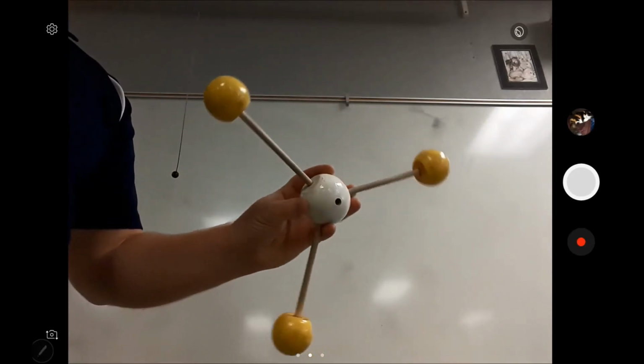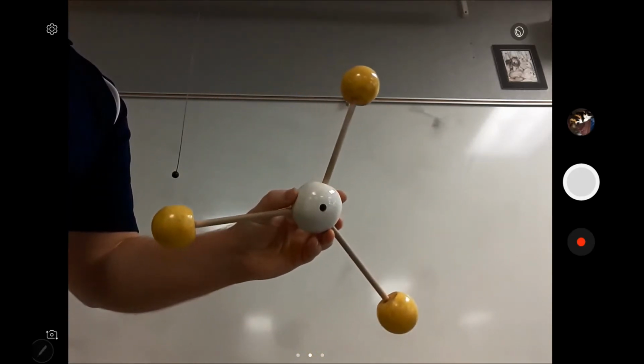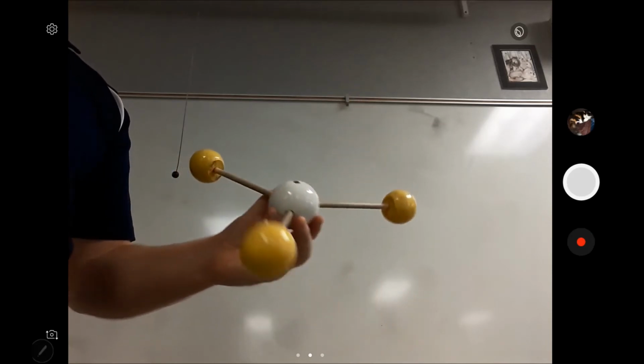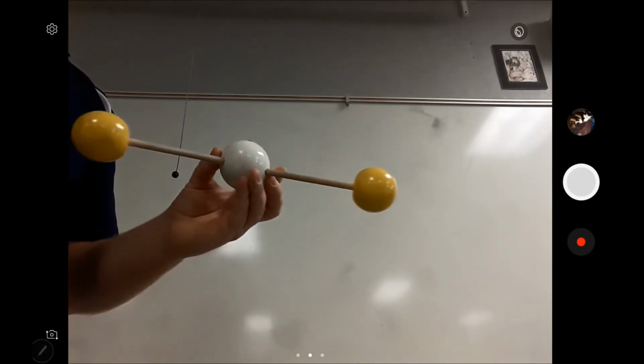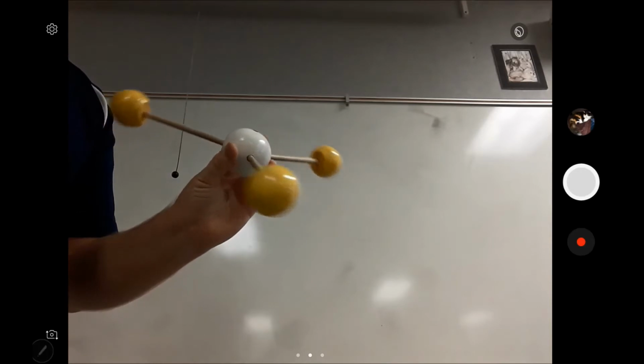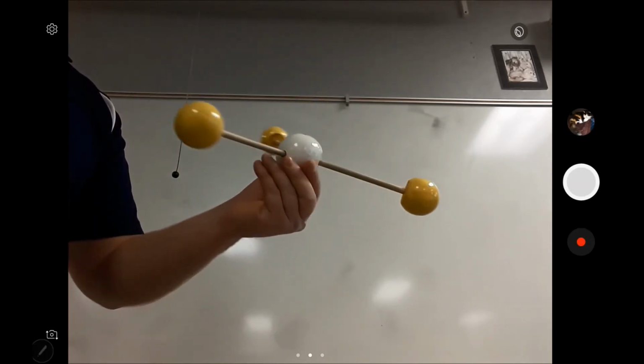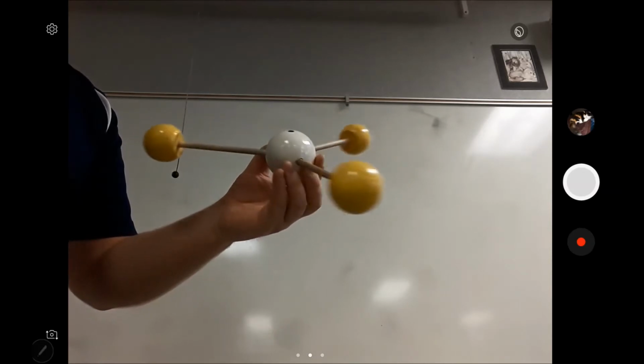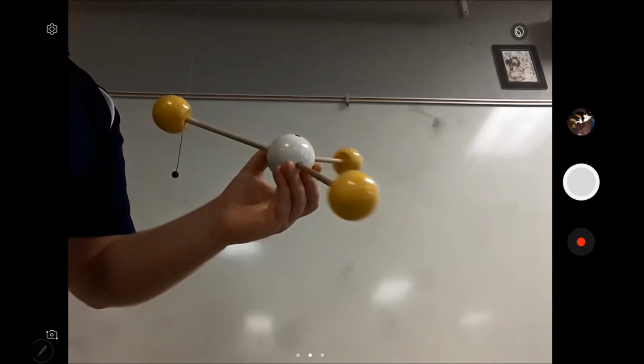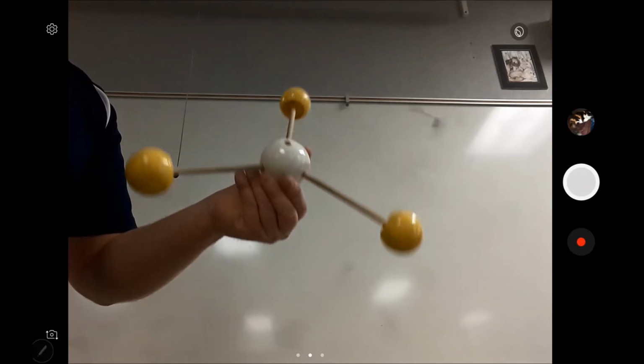It's a little bit easier to see if I show you it like this. So this is trigonal planar, and then as you can see, all of the electron groups are located all on the same plane. So this molecule is flat. Now, this molecule is also symmetrical.